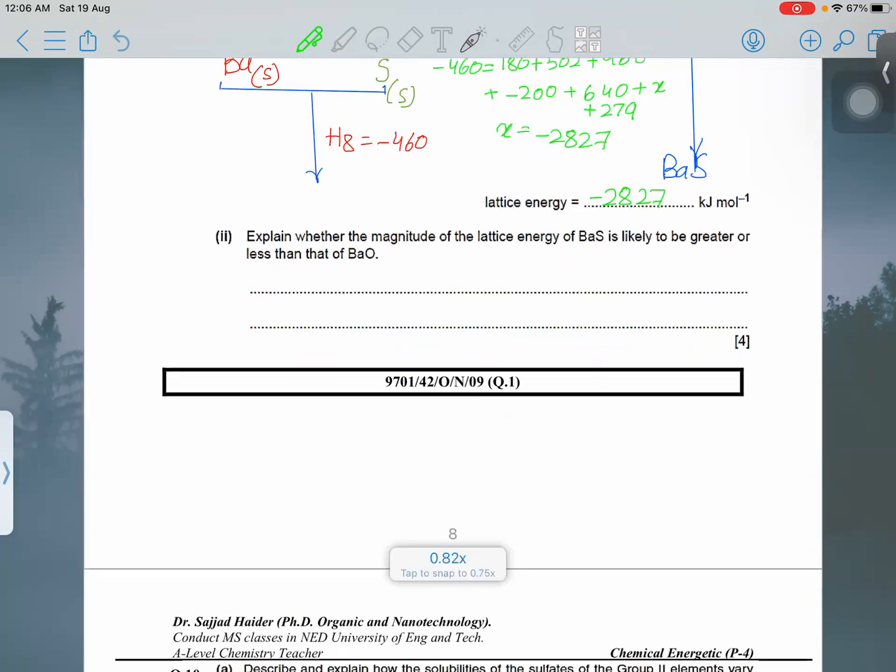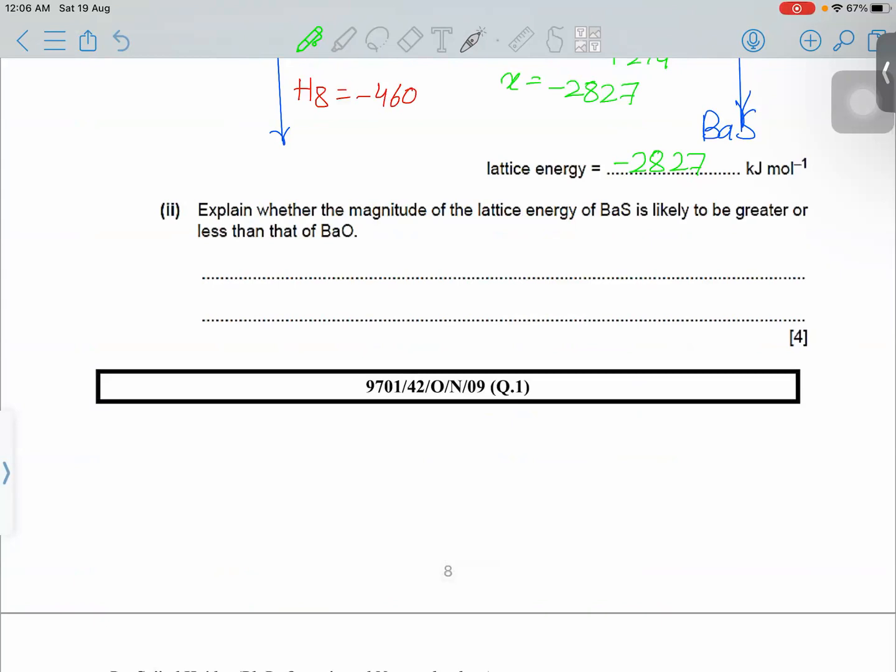Now the second part. We will cancel out barium and the charges. Barium is cancelled out, charges are cancelled out. So sulfur versus oxygen. Which one is smaller? Oxygen is smaller. You know the group: oxygen, sulfur, selenium, tellurium.